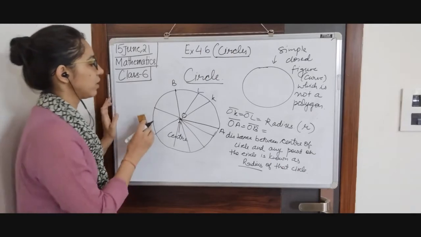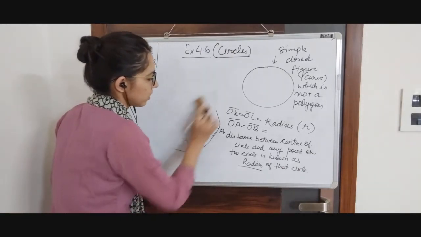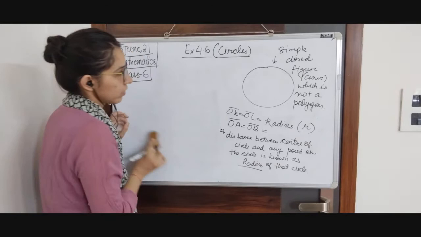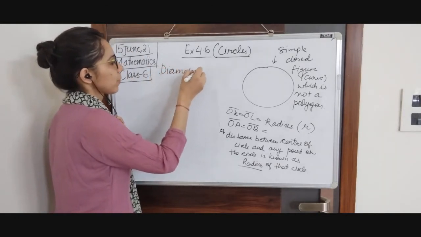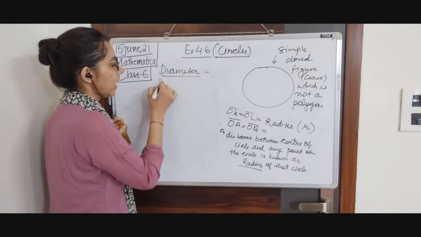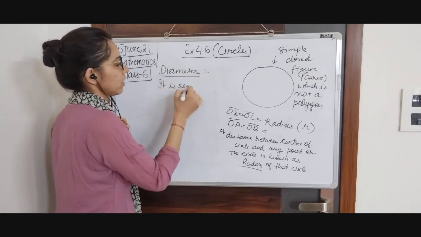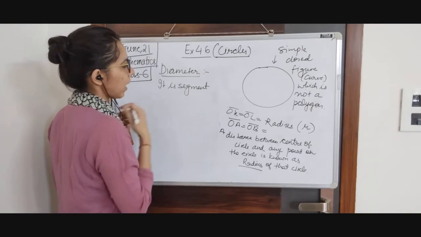The next term that we are going to use regarding circles is diameter. Diameter means it is a line segment. Try to visualize it as I am writing the definition.